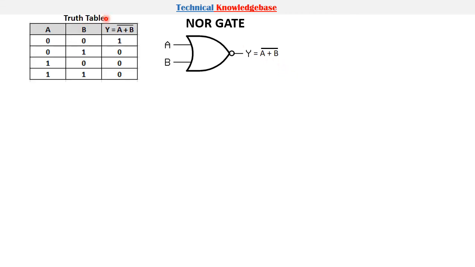This is the truth table for the NOR gate. When both inputs are 0 then the output is 1, and if any one of the inputs is high then the output is 0. That is the NOR gate.